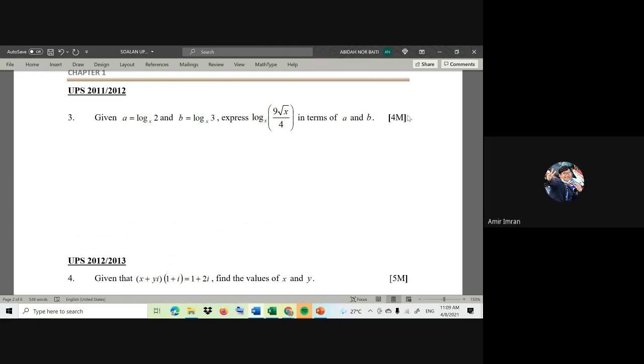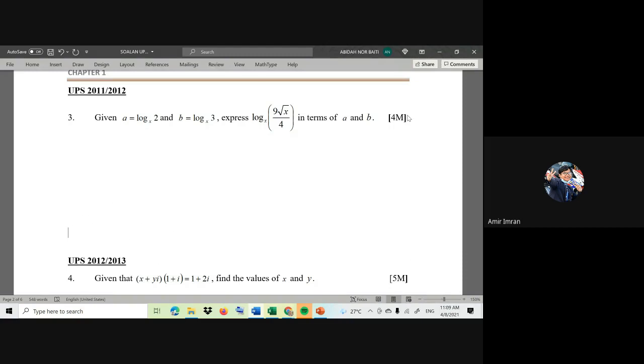Number 3 buat macam mana? Saya kecilkan dulu base dia. Kecilkan base 9, maksudnya 9 tu jadi 3 kuasa 2, and then 4 equal to 2 squared. Okay, and then? Lepas tu saya pakai law of log untuk kembangkan balik lah.